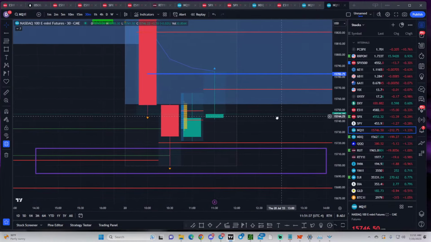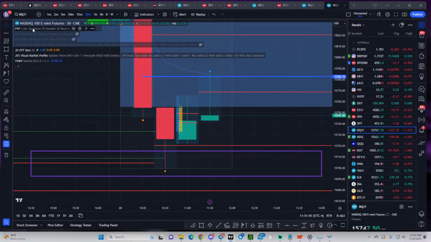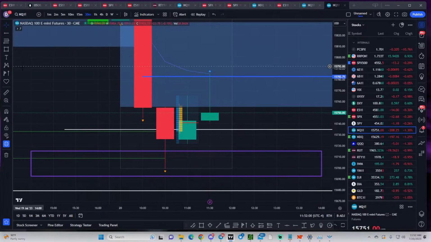Okay, so I told you to look for visual references and stuff like that. So now I'm going to hide the naked POCs in 30 minutes, and bring in the naked POCs in PVP in 4 hours. This I use for analysis.